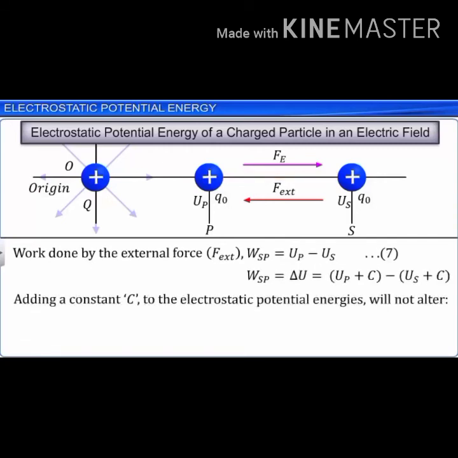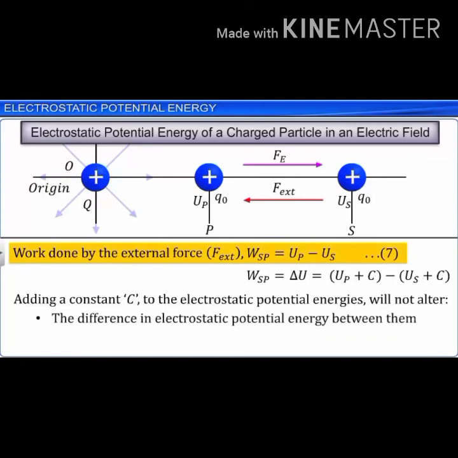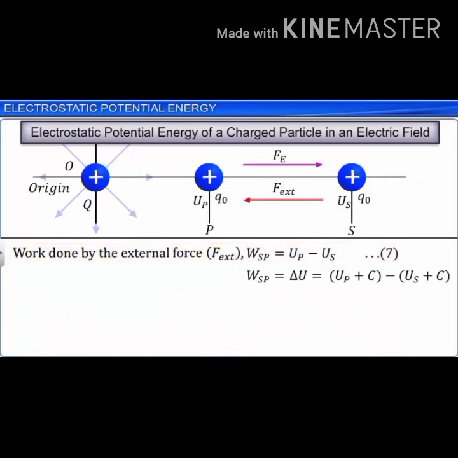Now we add constants on both sides of equation 7. So adding a constant C to the electrostatic potential energies will not alter the difference in electrostatic potential energy between them and the work done WSP.